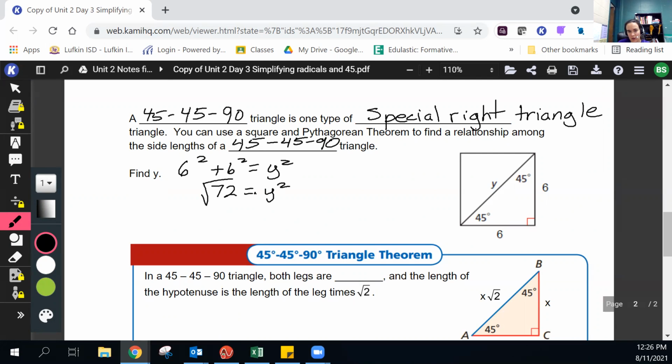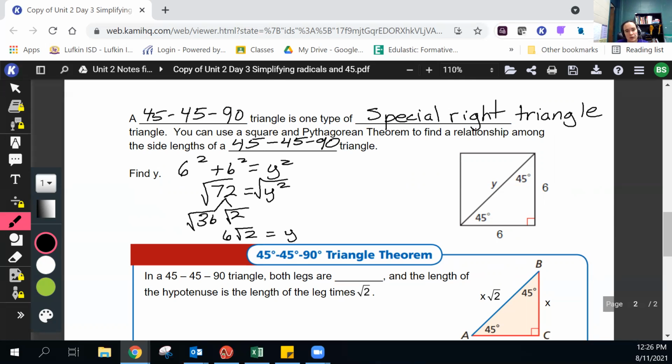Take the square root, and we get a decimal. But we can factor and get 36 and 2. If you take the square root of 36, it gives us 6 times the square root of 2, our value for y. So you'll notice that 6 was our side length.